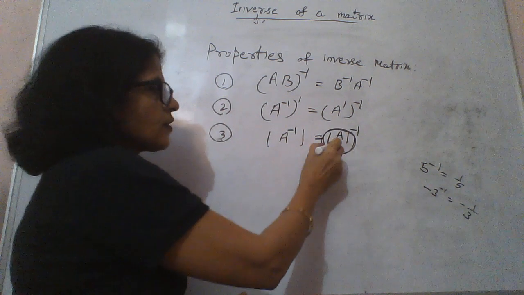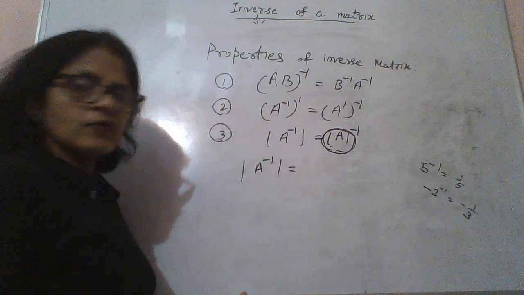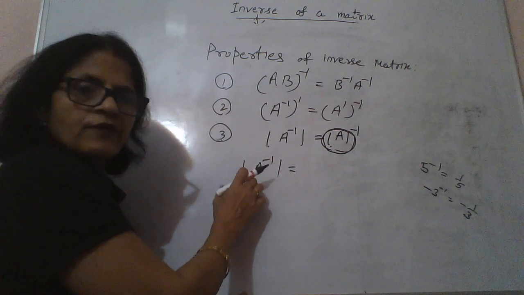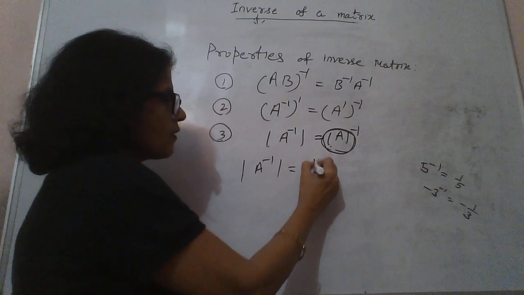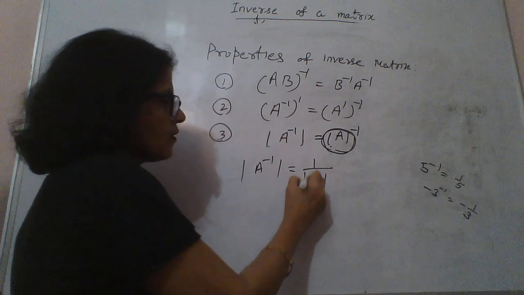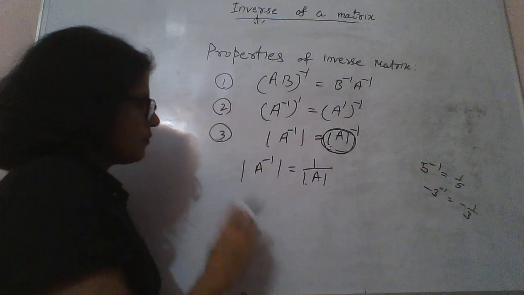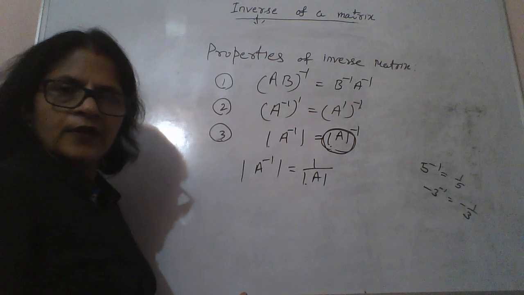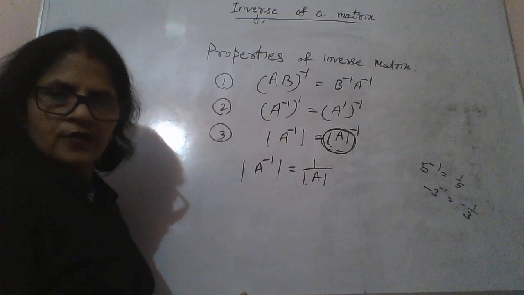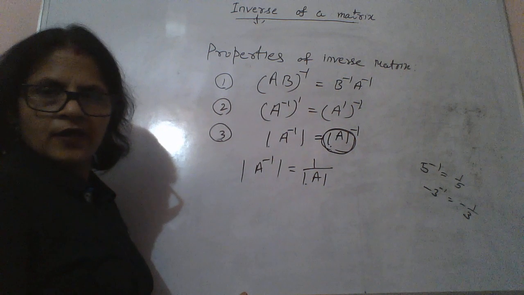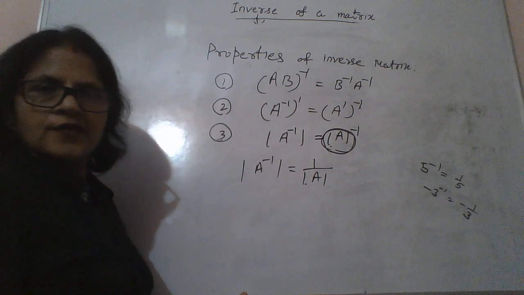Similarly, determinant is a number. That means this property gives us, if we have to evaluate the determinant of any inverse matrix, A inverse basically, we can write it as 1 upon determinant of A. So it doesn't mean A inverse equal to 1 by A. Just be very careful. A inverse is not equal to 1 by A, because a matrix is not a number. Determinant is a number.